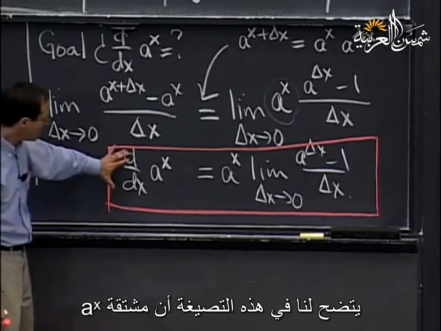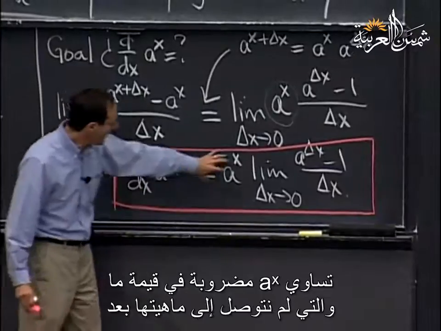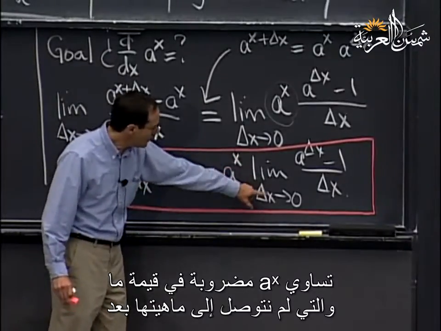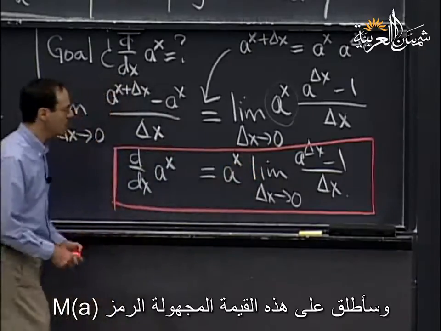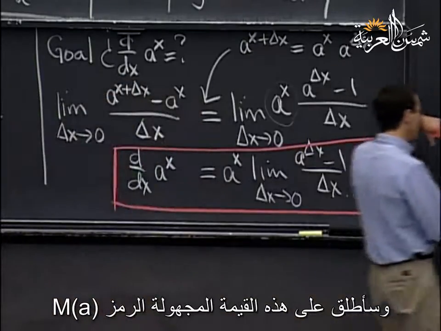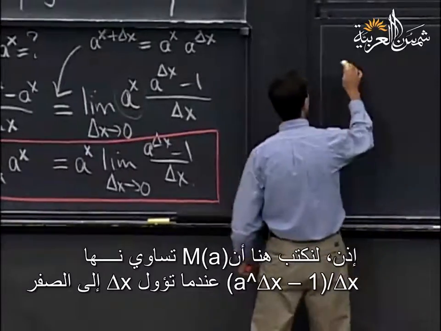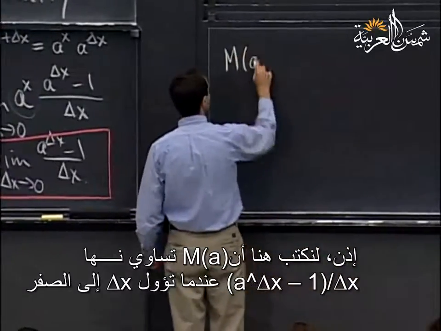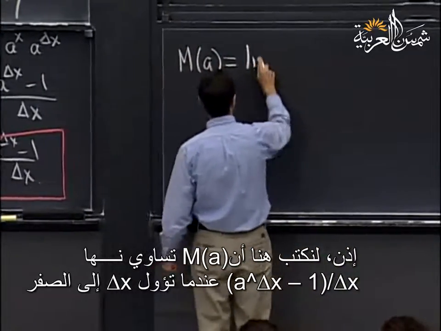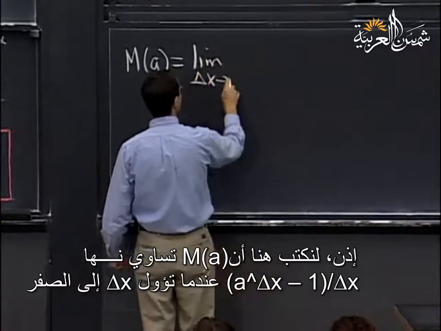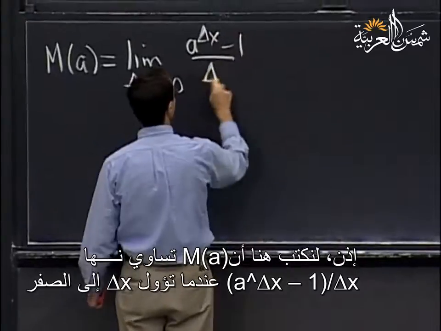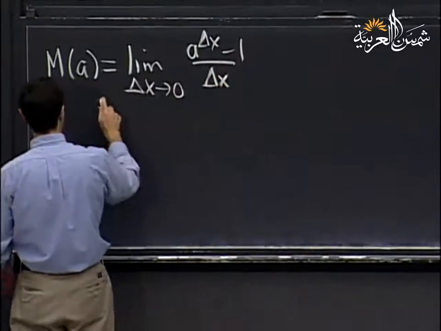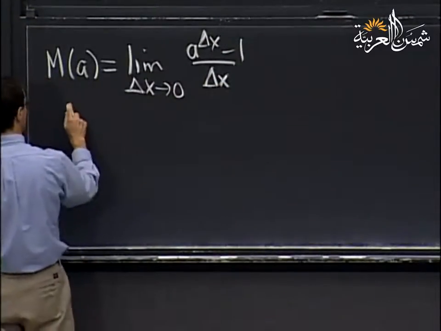It's saying that the derivative of a to the x is a to the x times something that we don't yet know. I'm going to call this mystery number m of a. So I'm going to make the label: m of a is equal to the limit as delta x goes to 0 of a to the delta x minus 1 divided by delta x. All right, so this is a definition.